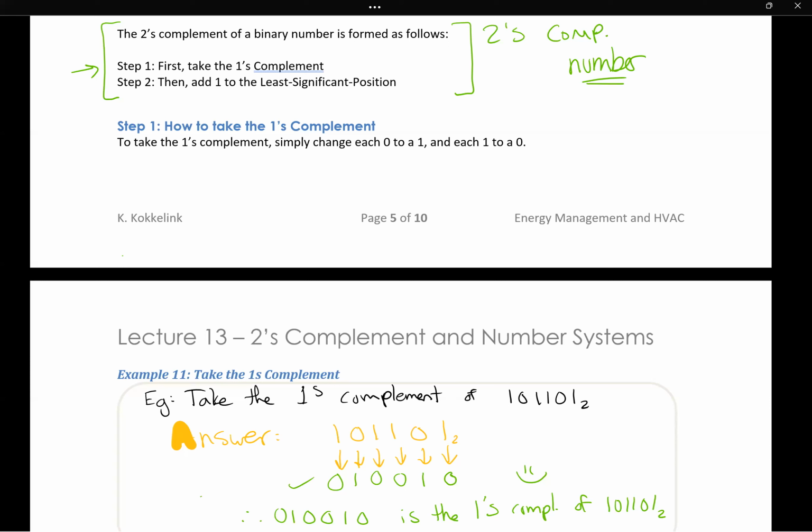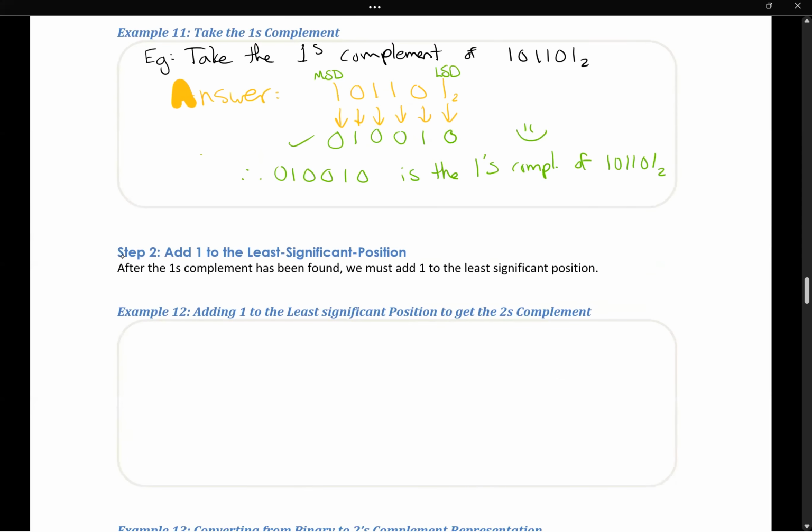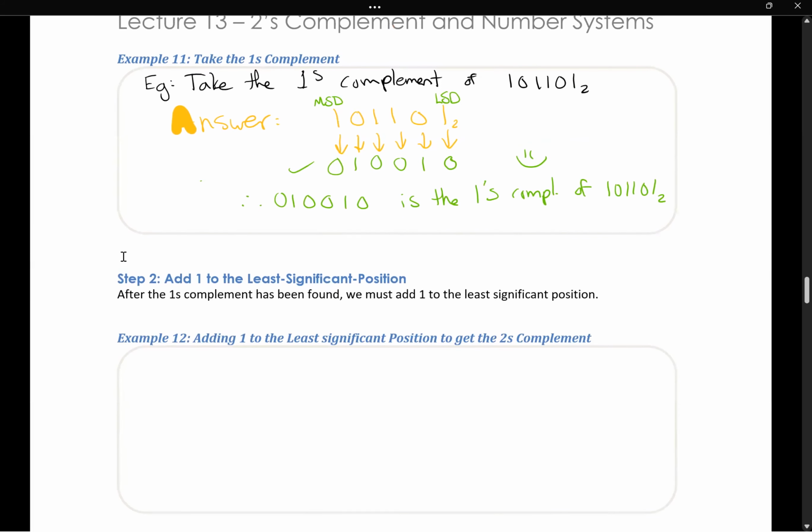Step 2, add 1 to the least significant position. Least significant digit. Most significant digit. So let's do that. After the 1's complement has been found, we must add 1 to the least significant digit. It really makes it sound like I'm making stuff up, right?